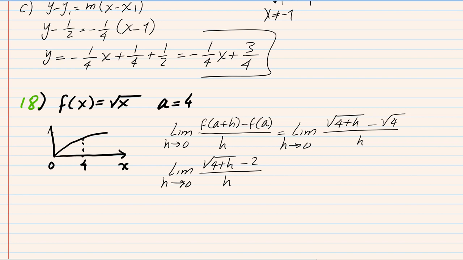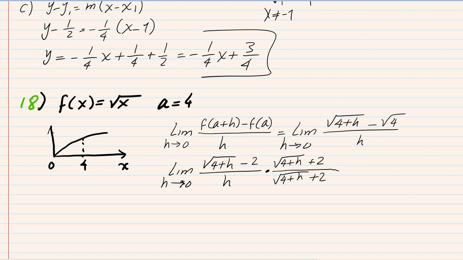Again, if you plug in 0 right now, you get 0 over 0, an indeterminate form. So the way you work limits with square roots in this course, most of the ones we're doing anyway, you multiply by the conjugate. So I'm going to multiply by the square root of 4 plus h plus 2, over the square root of 4 plus h plus 2.